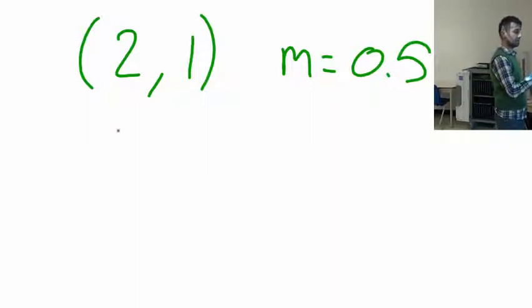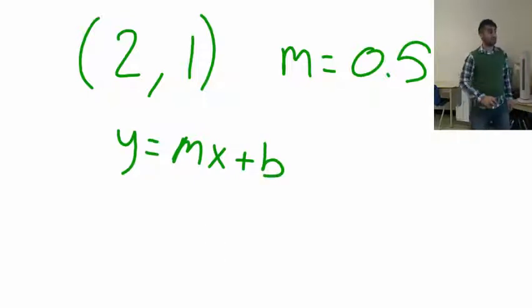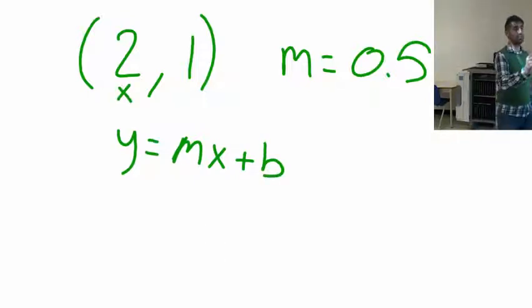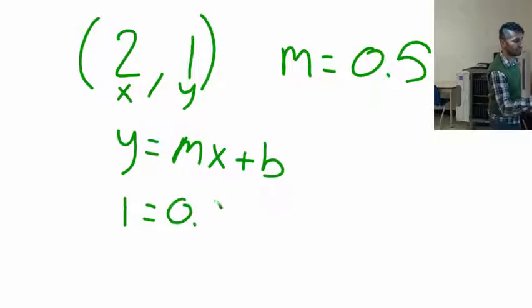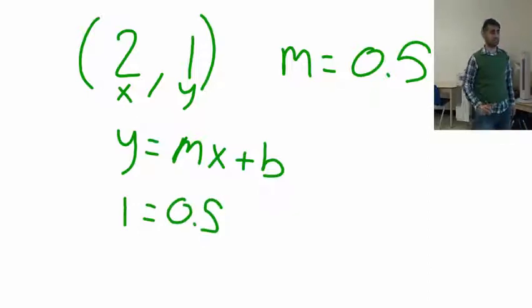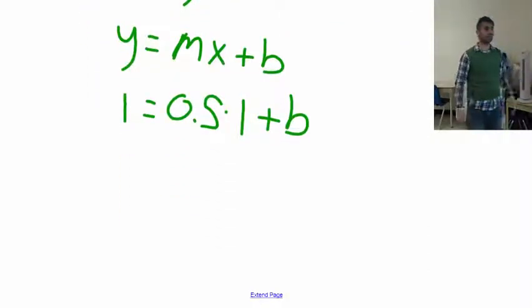So let's write down the general formula, which is y equals mx plus b. We know this is x, we know this is y, and we have the slope there. Let's just substitute what we know.